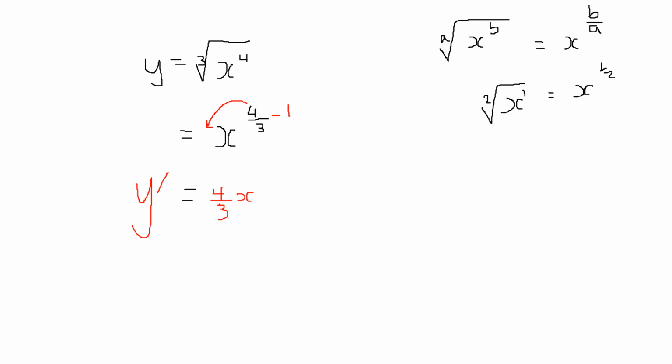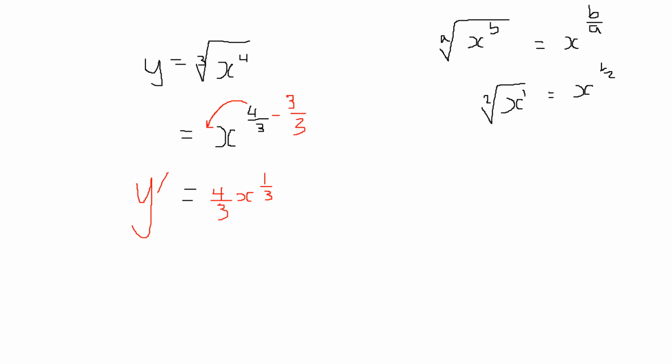And I could write that minus 1 in this case to make my computation a lot easier as 3 over 3. Because remember, the aim here is basically to have common denominators. Once you have common denominators, it's very easy to compute, right? So with this here now, I have 4 minus 3, that will be 1, and the denominator remains the same, so that's a third. So 4/3 minus 1, or 3 over 3, that will give us a third.